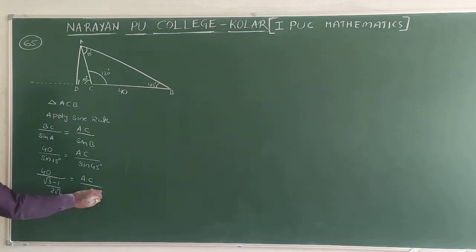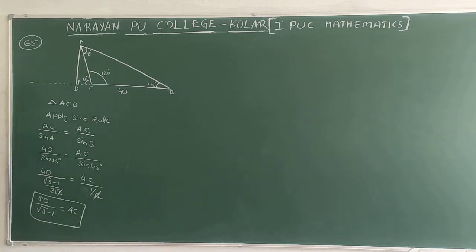Okay. Now here root 2 gets cancelled. This 2 goes to the numerator. So 2 into 40, that is nothing but 80 by root 3 minus 1 is equal to AC.